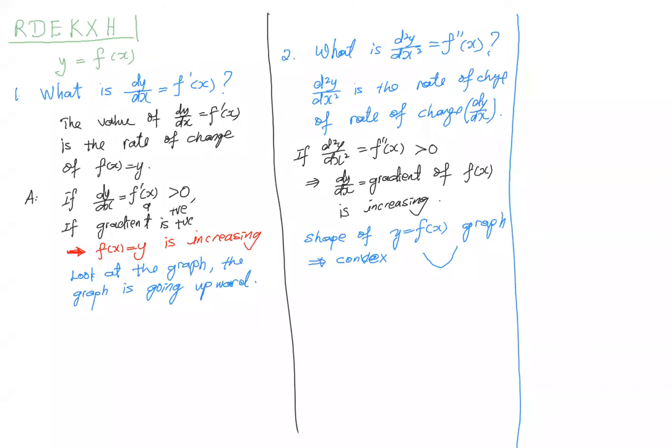So that is how d2y over dx squared tells us. In question 2, we have this graph. From this point, go up to here, point A. They call point A the inflection point.